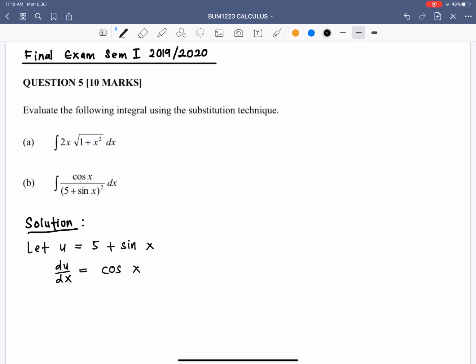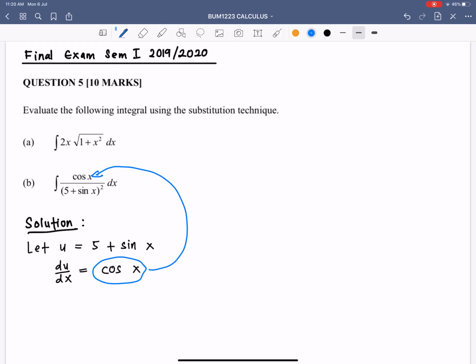If you see here, when we choose u equals 5 plus sine x, we get cos x, where cos x is here. Whenever you differentiate, the result must be a part of the integrand, where in this case it is cos x.